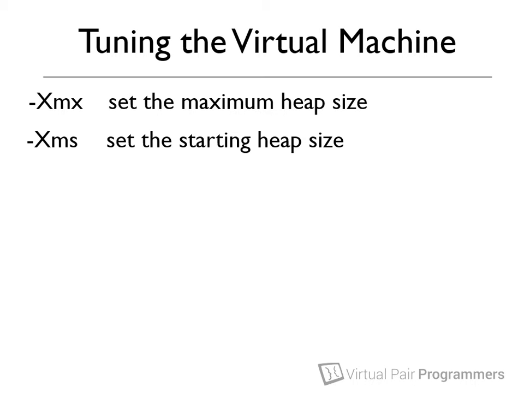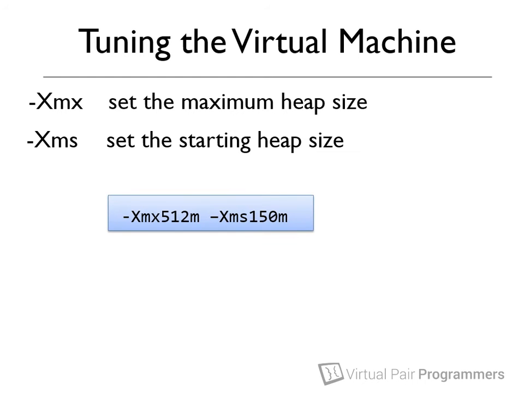So for example, if I want to run my application with a starting heap size of 150 megabytes and a maximum heap size of 512 megabytes, I'd provide a command line argument that would look like this. There will be some performance impact each time the heap needs to get more memory as it grows from the starting size towards its total size.